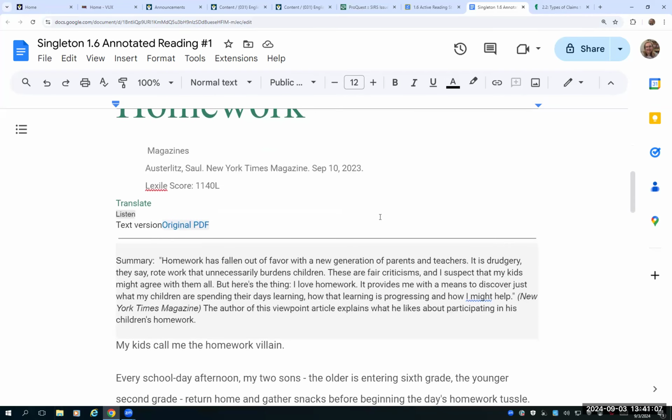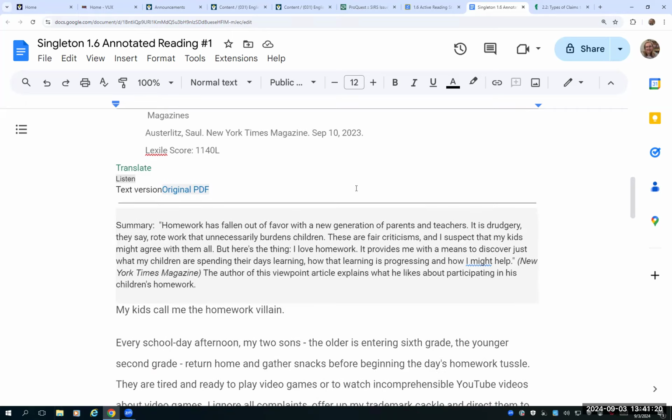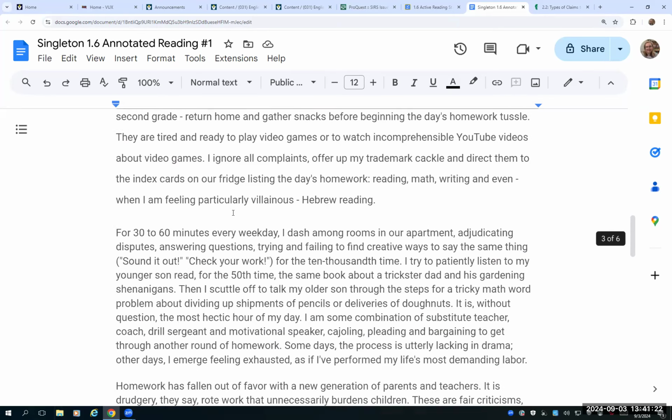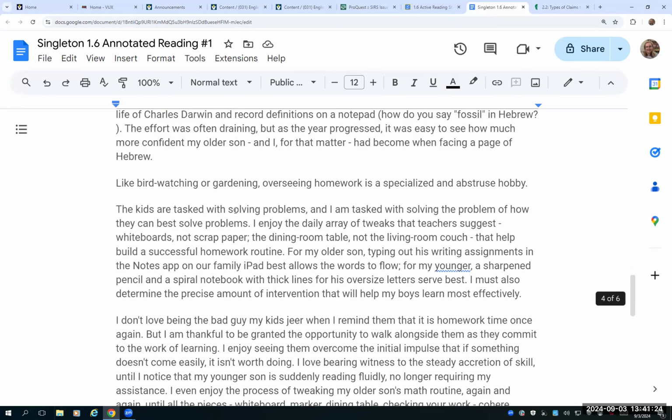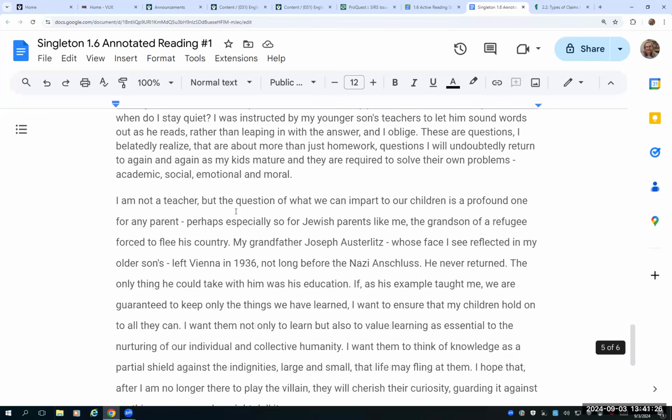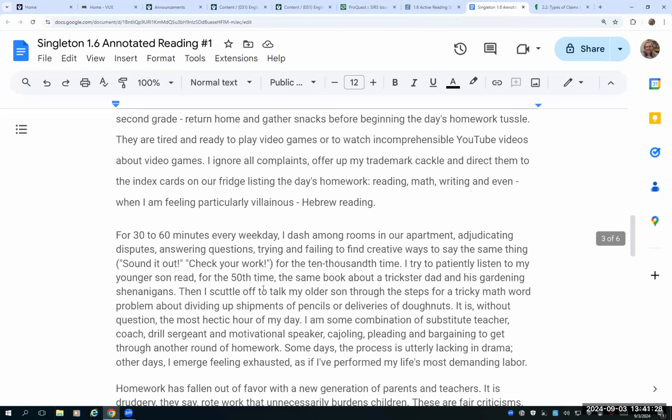And for homework, I'm not going to submit 1.6 yet, because you're not going to be done with it today. We're going to keep working on it in class on Thursday. But what you're going to do is read this whole article. And when you see a claim, authors often make more than one claim.